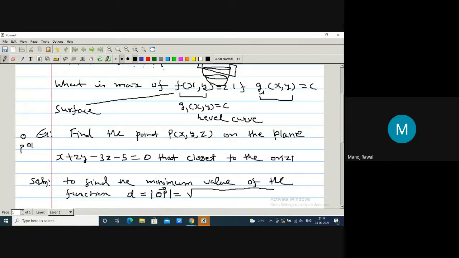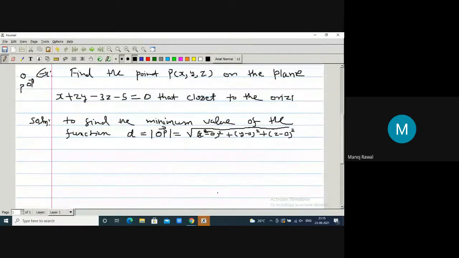So OP is the square root of (x − 0)² + (y − 0)² + (z − 0)².